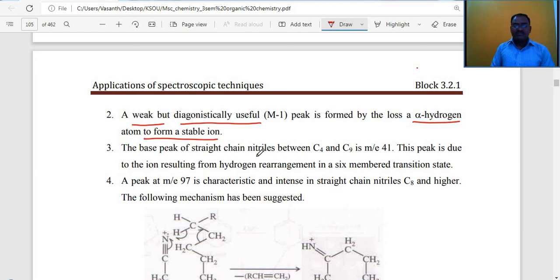The base peak of straight chain nitriles between C4 and C9 is 41. This peak is due to the ions resulting from hydrogen rearrangement in a six-membered transition state. The peak at m/e 97 is characteristic and intense in straight chain nitriles of C8 and higher.